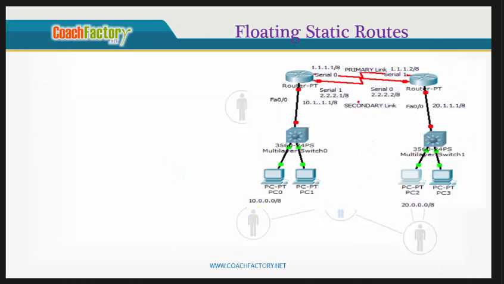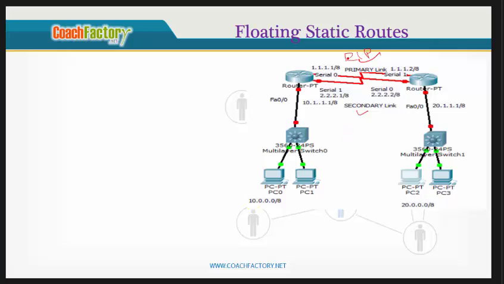Now in this scenario, if I want to use this connection as primary and this connection as secondary, which is also known as a floating static route. Generally we use a floating static route as a backup static route. For example, we are running RIP over here.